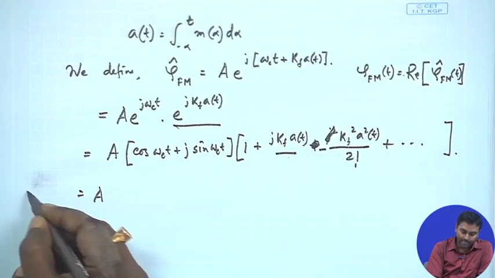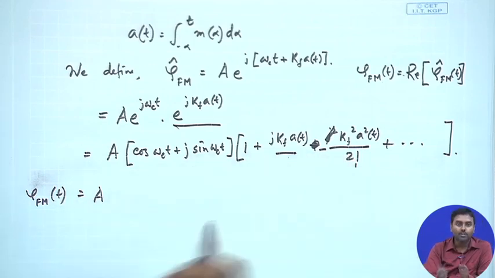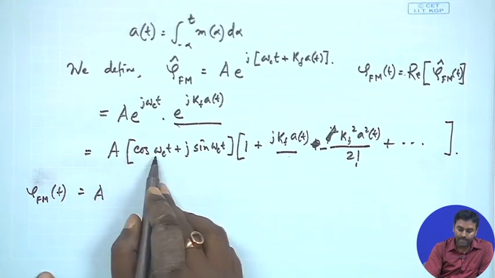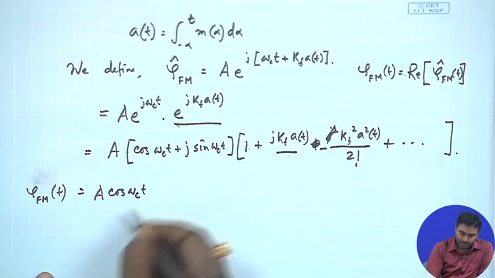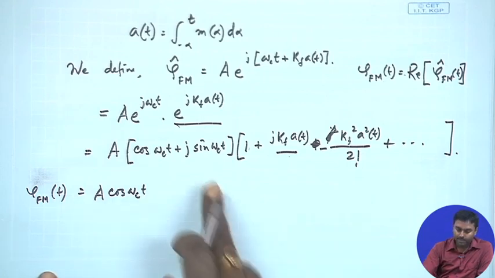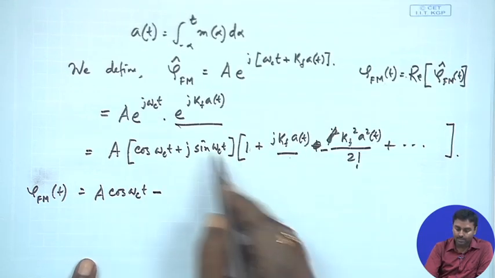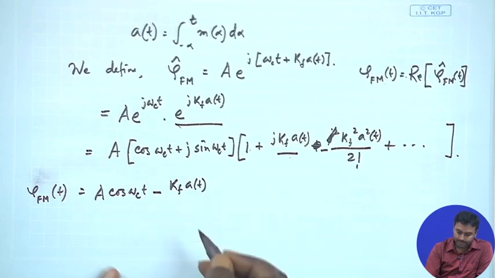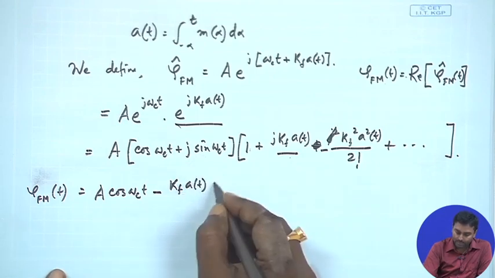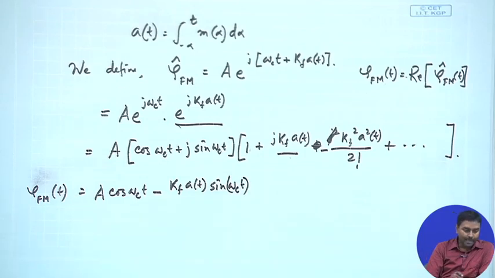So, immediately I can write phi FM(t) from this understanding. I will just take all those multiplications where I have a real term. The first one will be A cos omega_c t into 1. The second term should be this multiplied by this, so that must be minus, because j square gives minus, Kf a(t) multiplied by sin omega_c t, and so on.